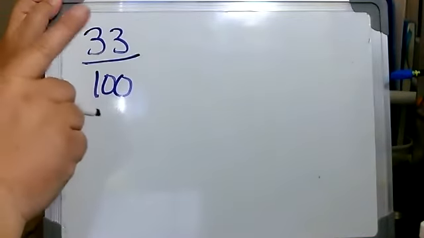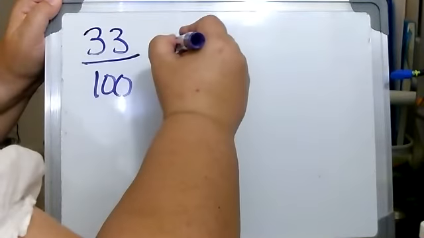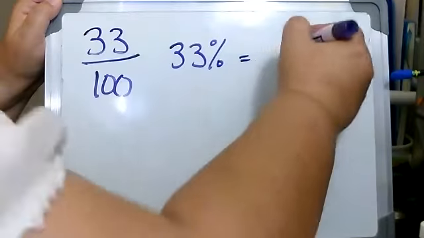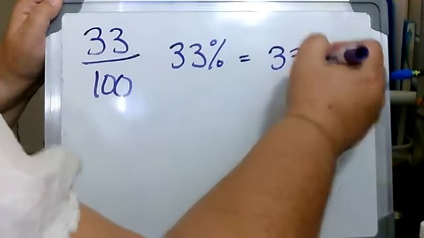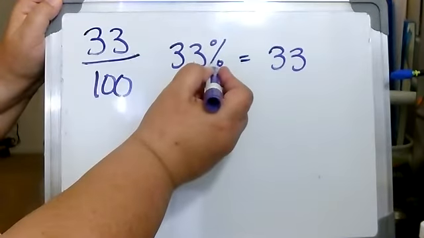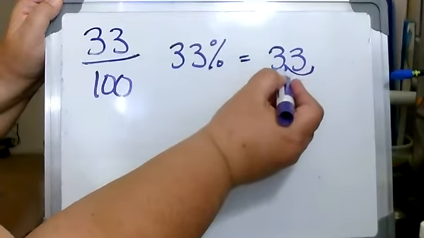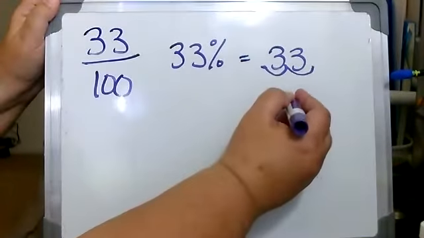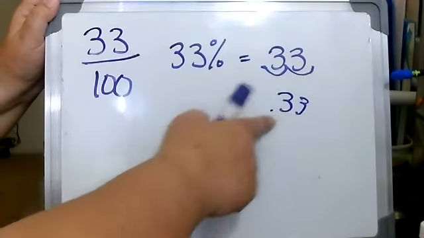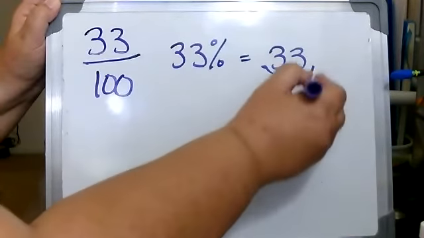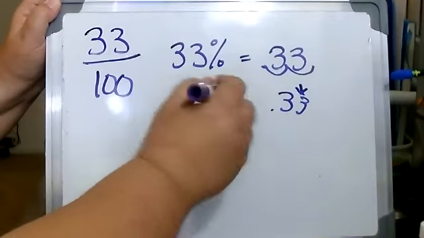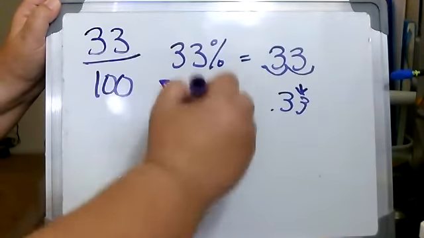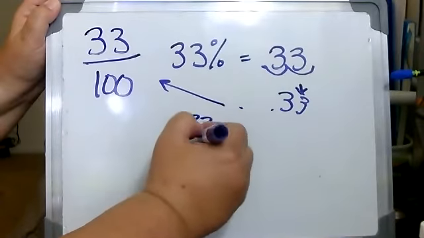The reason this works is because 33% is the same as you take this 33, and as a decimal, move it over to the left 2 spaces. So that equals 0.33, and a decimal that goes out to the hundredth space would be put over 100 because it's hundredths. So 33 over 100.